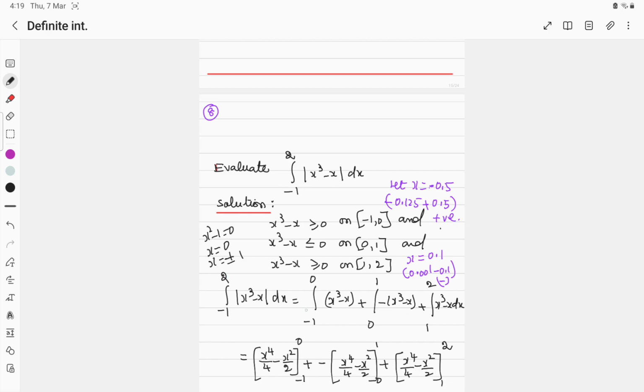Therefore, limits are minus 1 to 0, 0 to 1 and 1 to 2. Here, minus 1 to 0. So if you put x is equal to minus 0.5, we get positive. Therefore, minus 1 to 0, it is positive value, x cube minus x plus. Then if we take x is equal to 0.1, then we get negative.